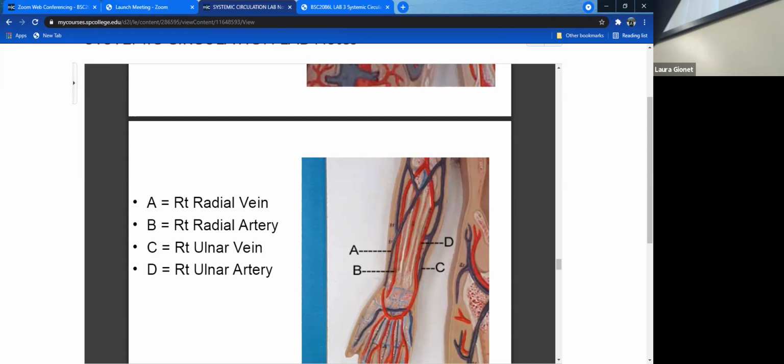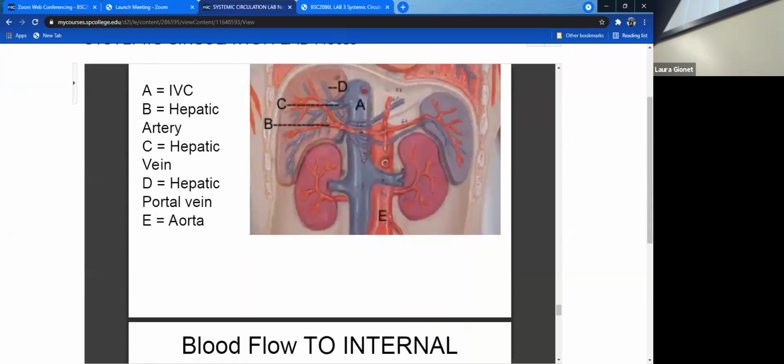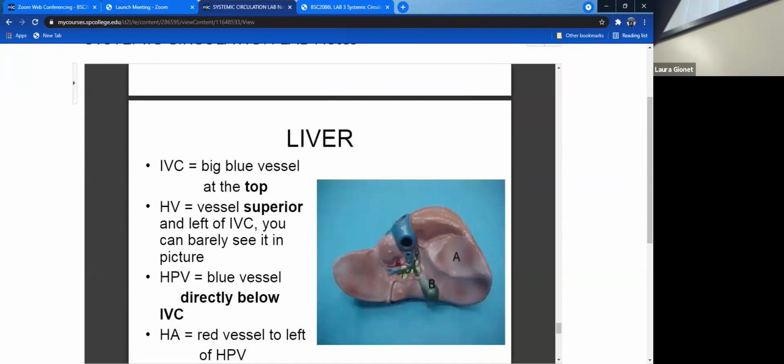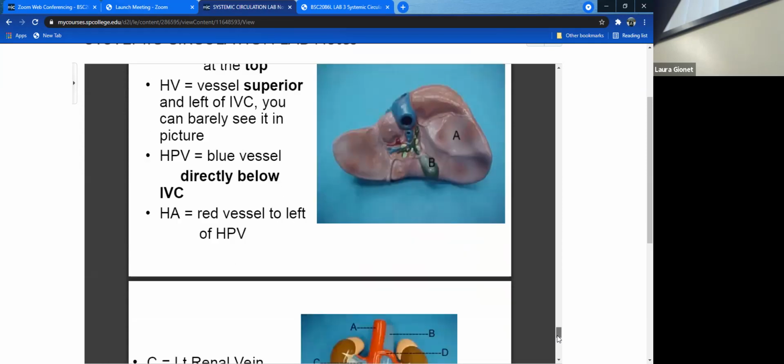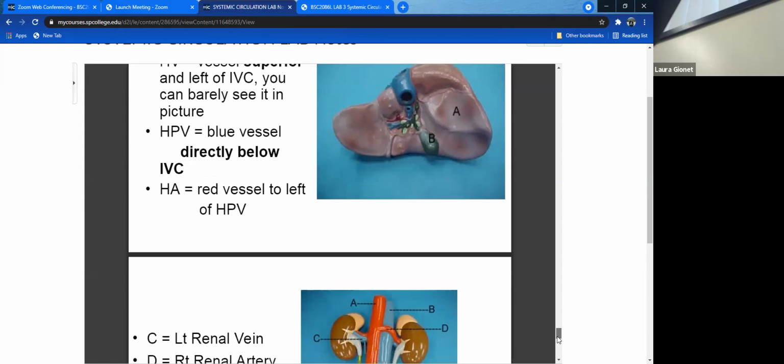This is on the right side and so forth. All right, so take a look at those. At the end, we're talking about the liver and the hepatic portal vein, hepatic artery, and the hepatic duct, or the bile duct, whichever term you prefer. We will distinguish between those when we get to digestion.